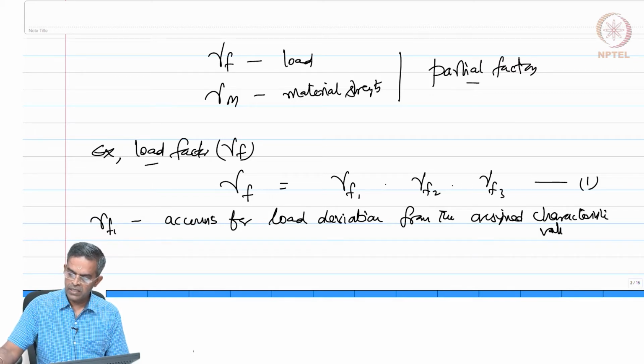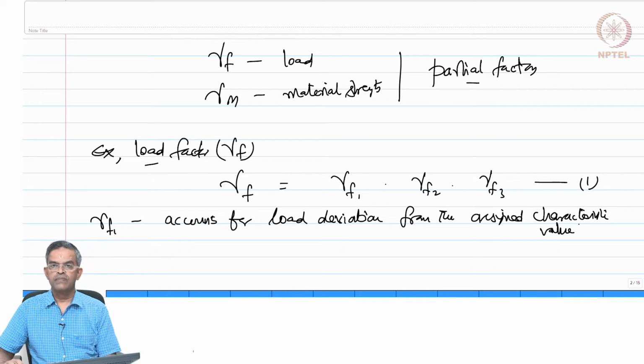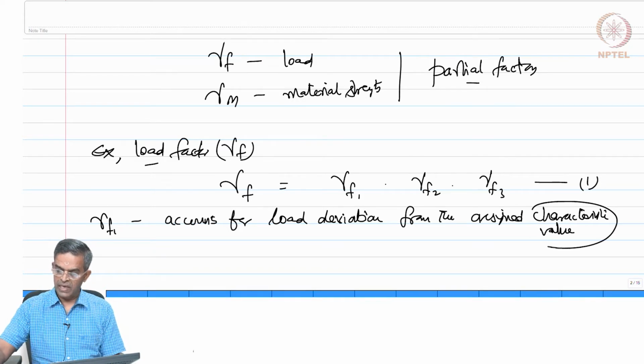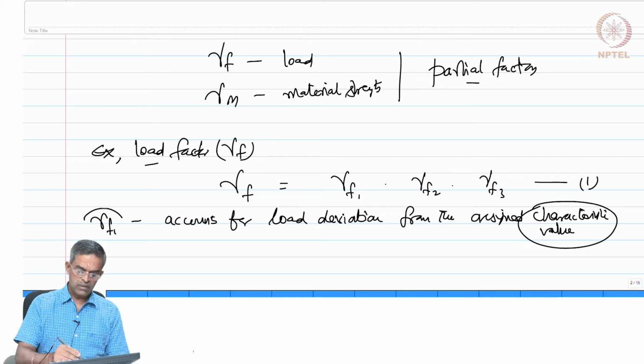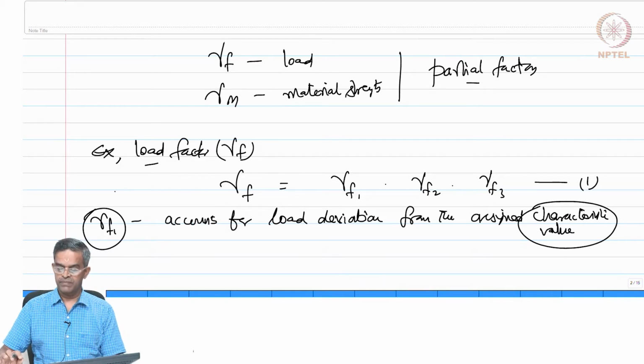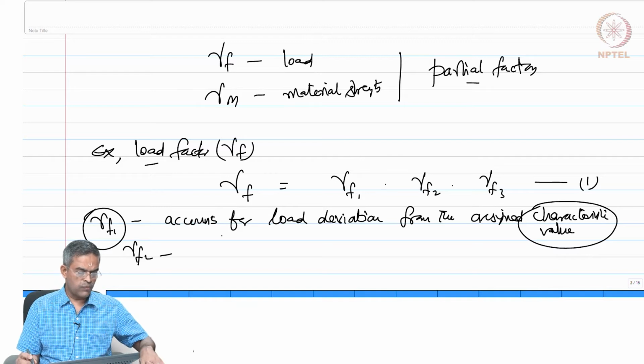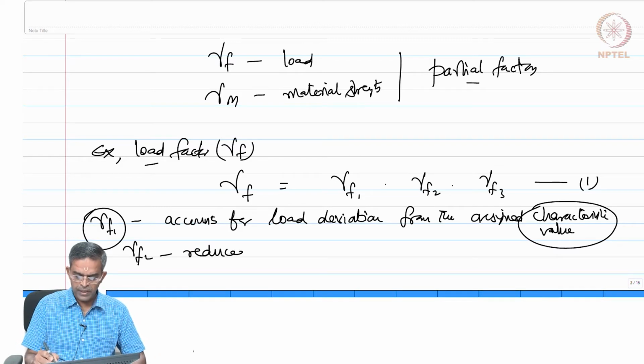If we say the characteristic value is 5%, the exceedance is only allowed 5%. But if it exceeds beyond 5%, what is that exceedance beyond the characteristic value will be looked at by gamma f1 separately.